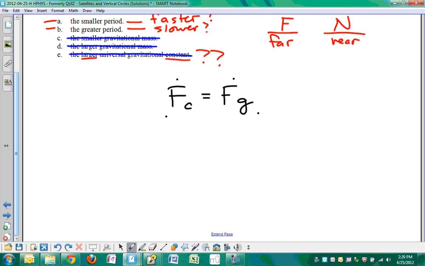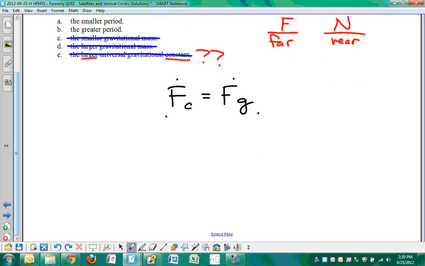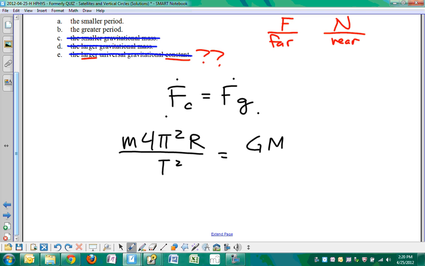It asks about period, so we'll use the version of centripetal force that has period as the indication of speed, which means we will use m times 4 pi squared r over T squared equal to universal gravitation, G, big M, little m, over r squared. By now, this ought to look real familiar. Our masses are going to cancel.